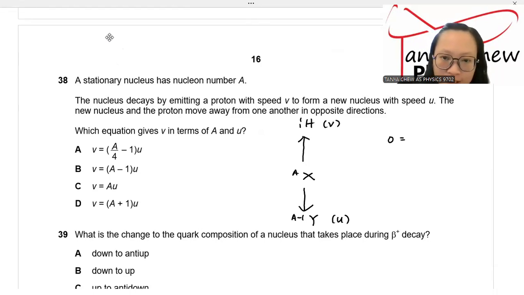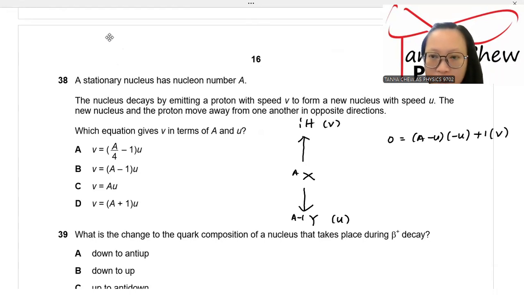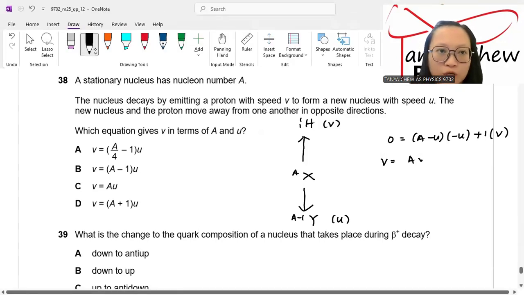So this is A minus 1, the mass. Okay, A minus 1, times negative U plus 1 times V. So V is equal to, this negative U, when I shift it to the left-hand side, it will give you the principle of conservation of momentum for explosion, right?